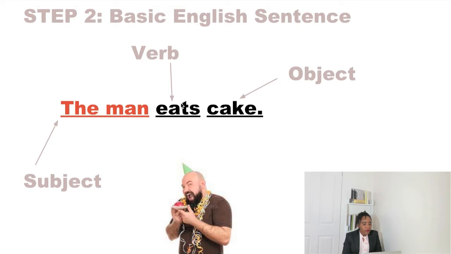And this, ladies and gentlemen, is an example of a basic structure of an English sentence. So we have the subject, which is the man. We have eats, which is the verb, and cake, which is the object.